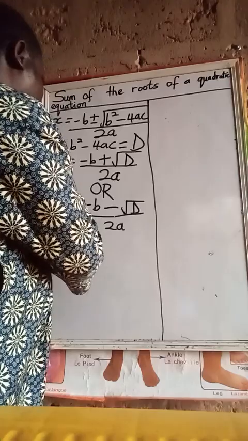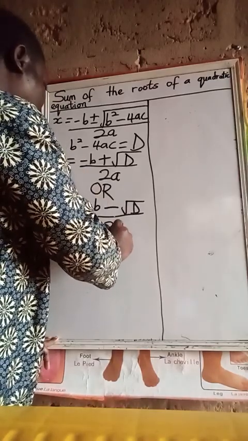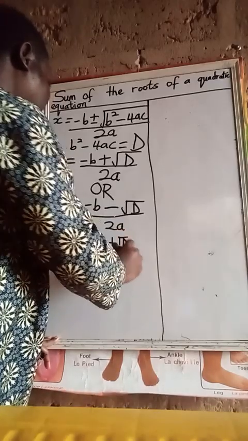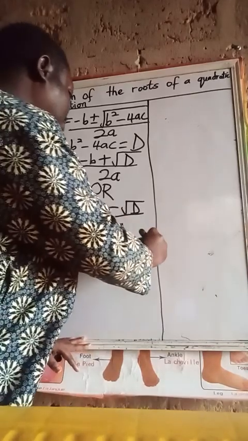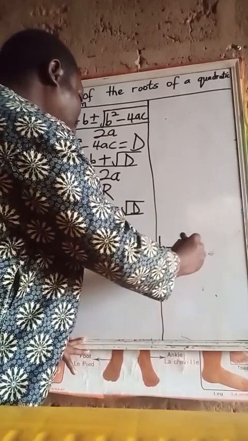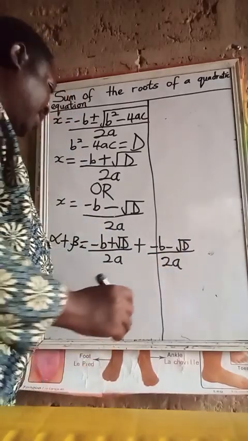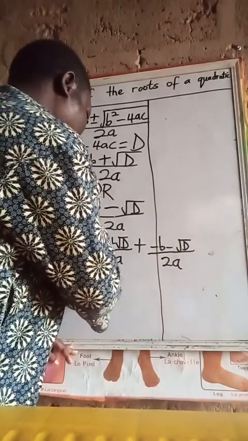In order to find the sum, I'm going to say minus b plus root D all over 2a, plus the other root, minus b minus root D all over 2a. Now the LCM of 2a and 2a here is 2a.